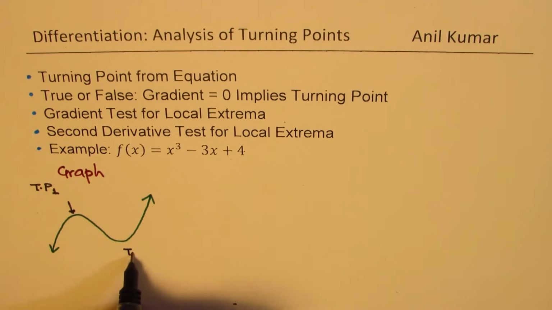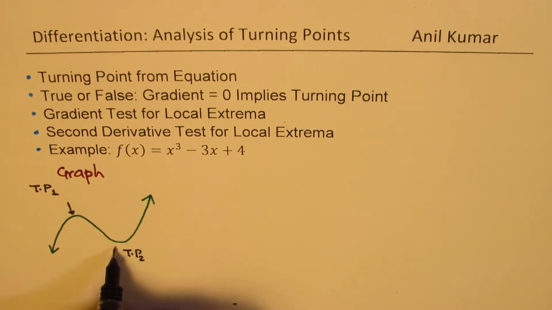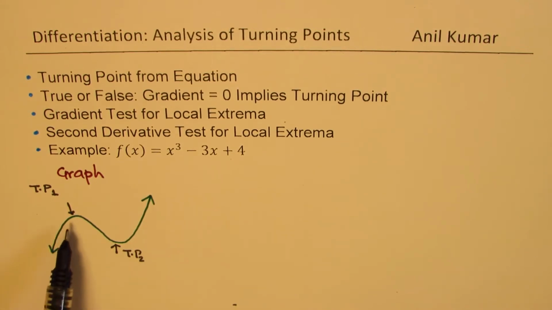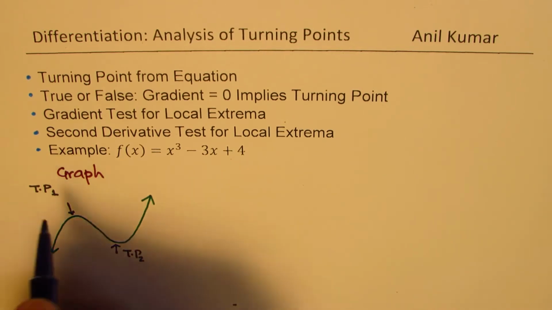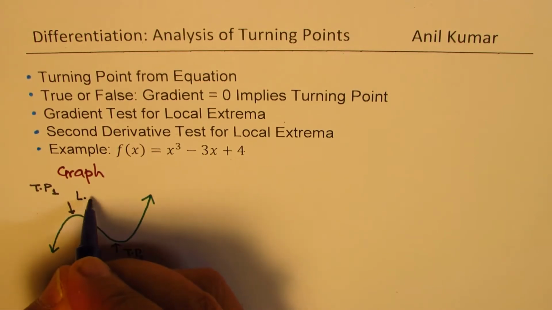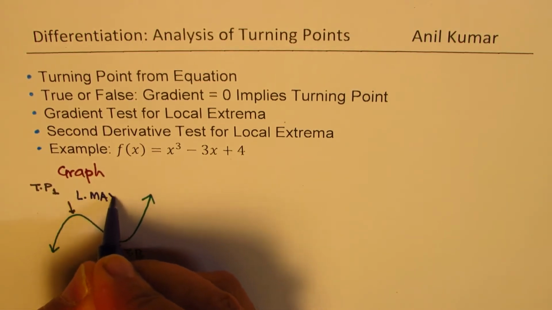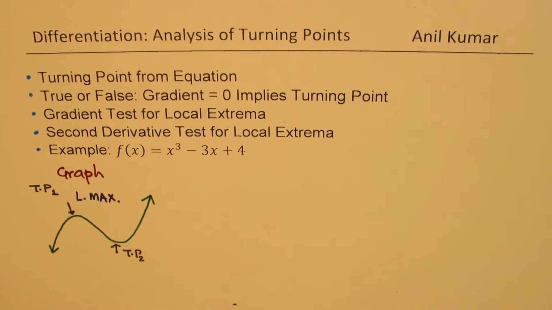The other turning point is right there. So that is the second turning point. And from the graph, we can also say that this turning point is a local maxima. So we have a local maxima here, which in short I'm writing as max. And in this case, we have a local minimum.